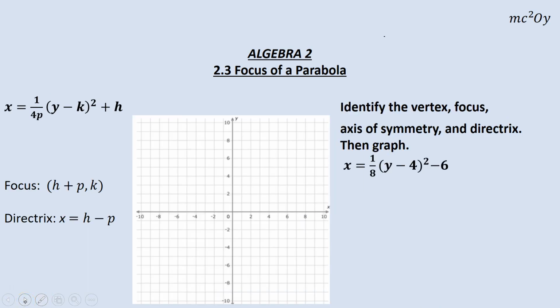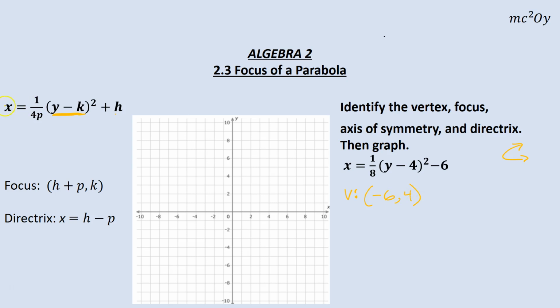All right, so try another one here. This one, notice that x equals positive a, so the graph is going to open sideways. When I look at this, I know my vertex. Notice in this case we have y minus k, so h is on the outside now. My h value is negative 6, and my k value is actually positive 4 inside.